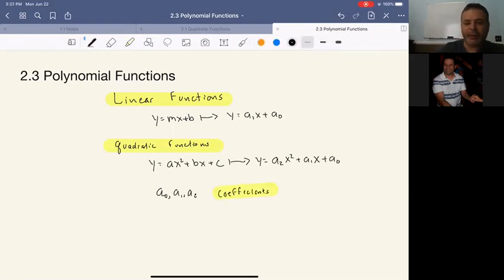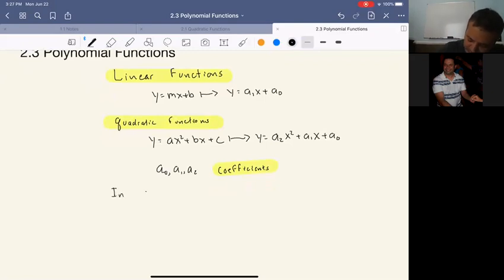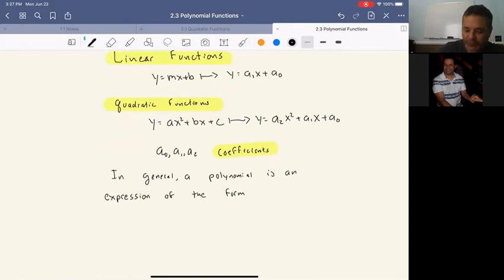So in general, a polynomial function is an expression of the form y equals a sub n x to the n plus a sub n minus 1 x to the n minus 1 plus, now I'm going to put 3 dots, which indicates that it follows a pattern.